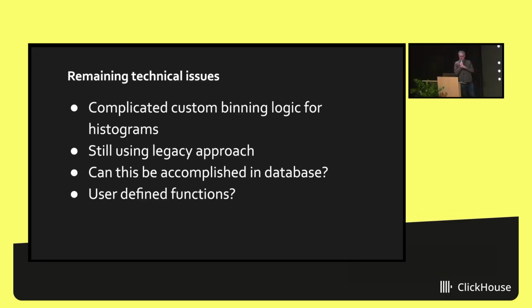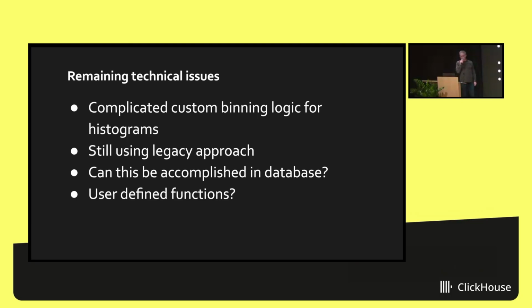The other thing is we have to figure out how to do complicated binning logic. We allow the user to do a lot of configuration on the histograms that we show in the application, and we want them to be able to continue to do that. And it doesn't seem like we can accomplish that using the built-in binning logic in ClickHouse.